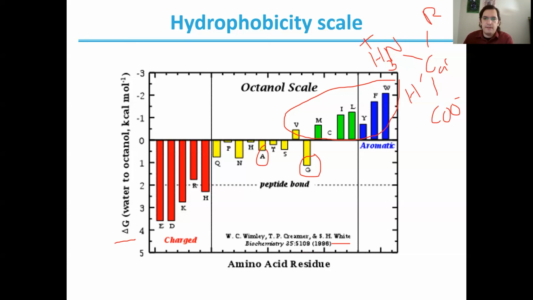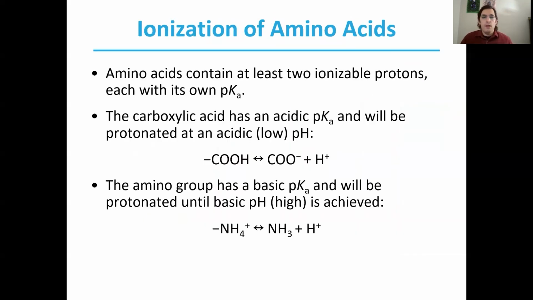So just because the side group is nonpolar doesn't mean that the amino acid overall is nonpolar. And of course, our charged amino acids are going to have the highest preference for that polar solvent, because there we'll have the water molecules interacting with our charges and helping to stabilize those charges through hydrogen bonding and interacting with our partial negative and positive charges of our water, as we saw in our previous lecture.